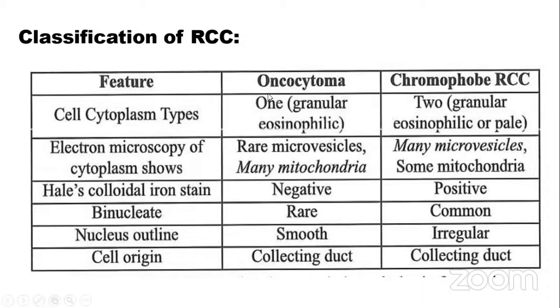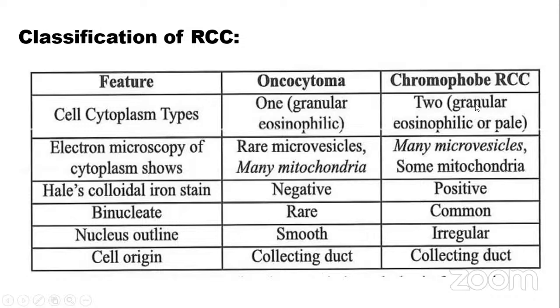Again, oncocytoma has one cell cytoplasm type and many mitochondria with negative Hale colloidal iron stain, and also has smooth nuclear outlines, and it is collecting duct in origin.